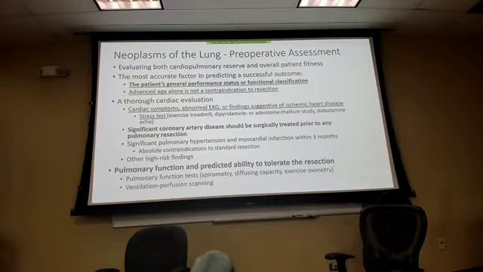Advanced age alone is not a contraindication to resect. Just because they're 98, if they're a very spry and mobile 98, we will absolutely take that mass out. Versus the feeble 98-year-old in a wheelchair who may not have the will or the functionality to make it through that surgery, right? So age alone is not a contraindication.